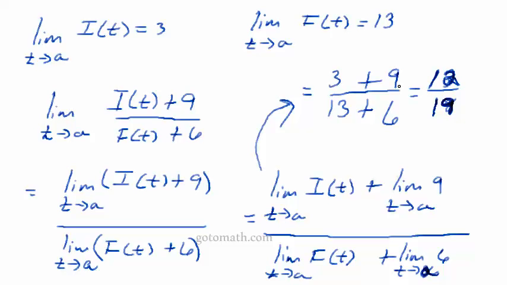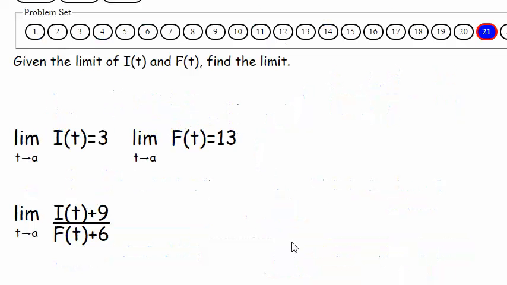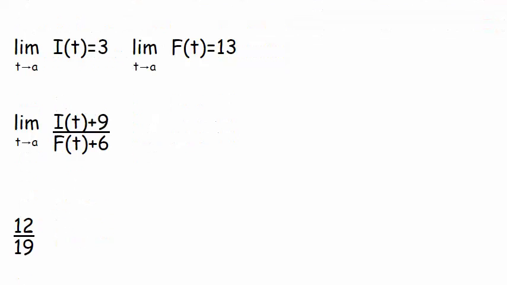Half asleep or something. That's 12 over 19, okay? So this ends up becoming 12 over 19. I'm sure when I got to this point and clicked on the answer and it didn't agree with my answer, I'd be in big trouble. So there it is.